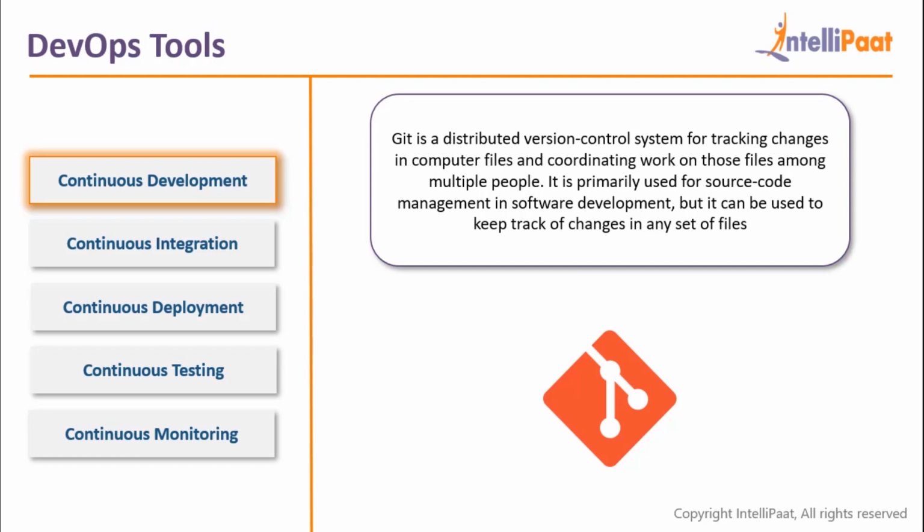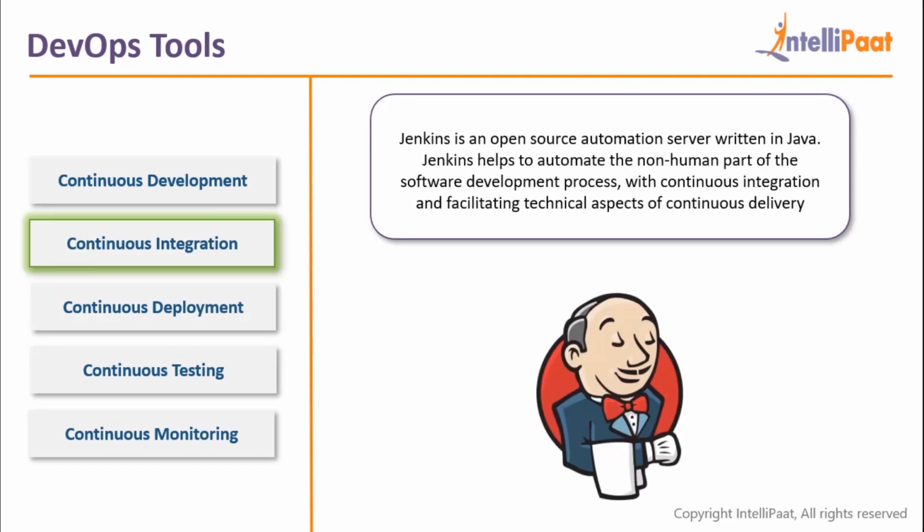And it is basically used when multiple people are working on one particular project. Right, so it is great for team collaboration. It is great for tracking changes, and is absolutely awesome on the command line. All right, so this is what we are going to learn in this course. So Git maps to the continuous development lifecycle stage.